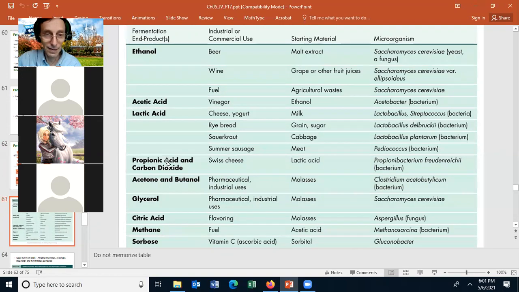There's Swiss cheese, propionic acid fermentation. I'm not seeing what I'm looking for. Acetic acid, but we don't call it that. What do we call that? Vinegar.